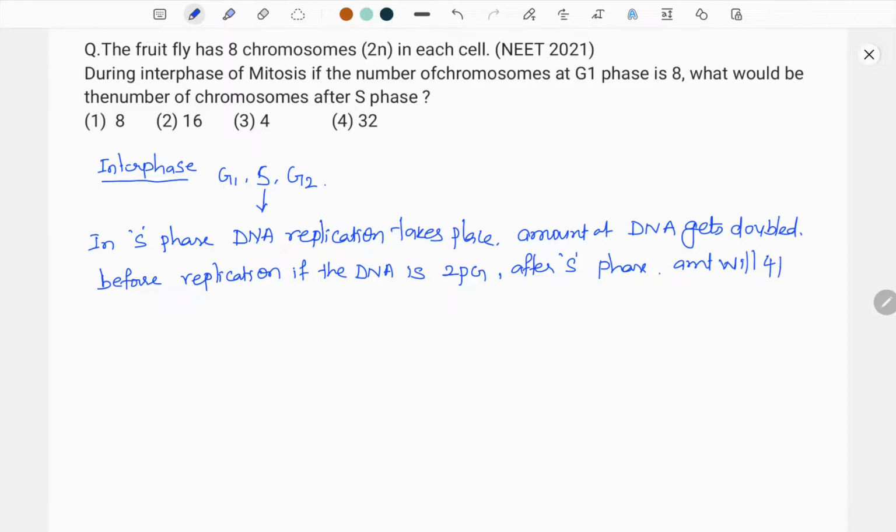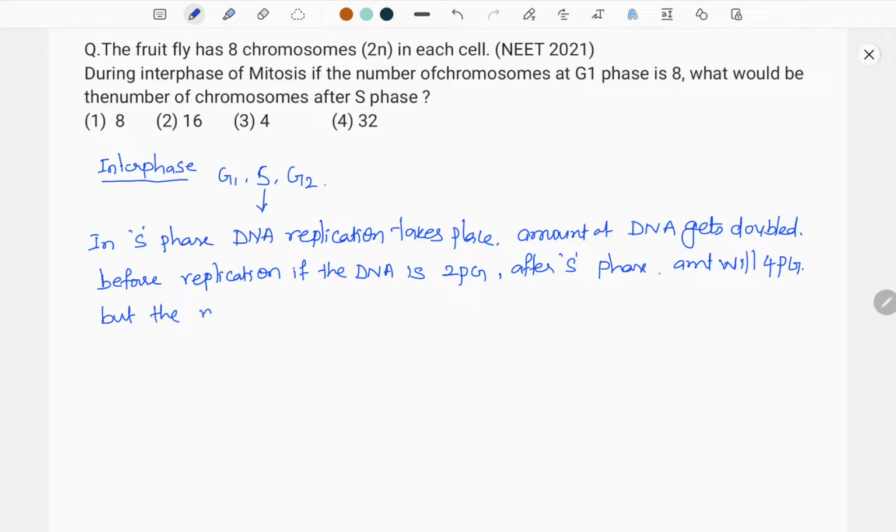That is, the amount got doubled during the S phase. But the surprising thing you should remember is that the number of chromosomes will not get doubled. The number of chromosomes remains the same.